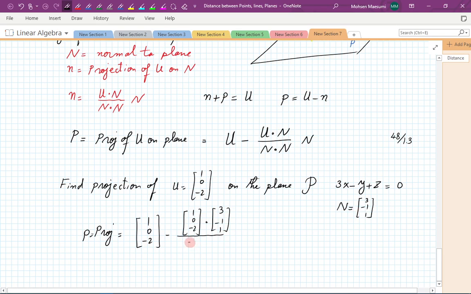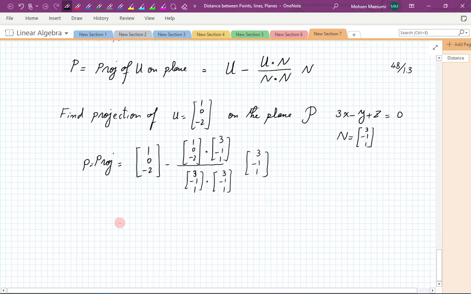Dot of this thing with itself is just its norm squared, times, don't forget you have to multiply with this vector, so this shows up 4 times. We said they don't cancel out or anything. So (1, 0, -2) minus the numerator.